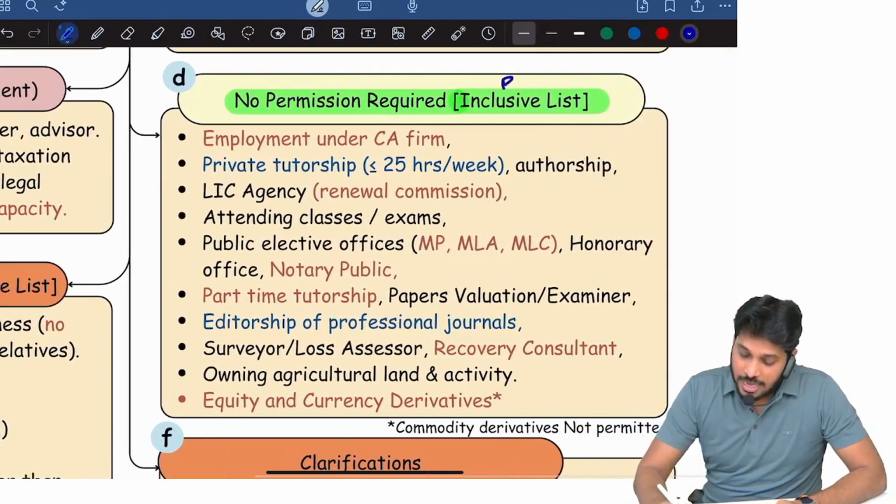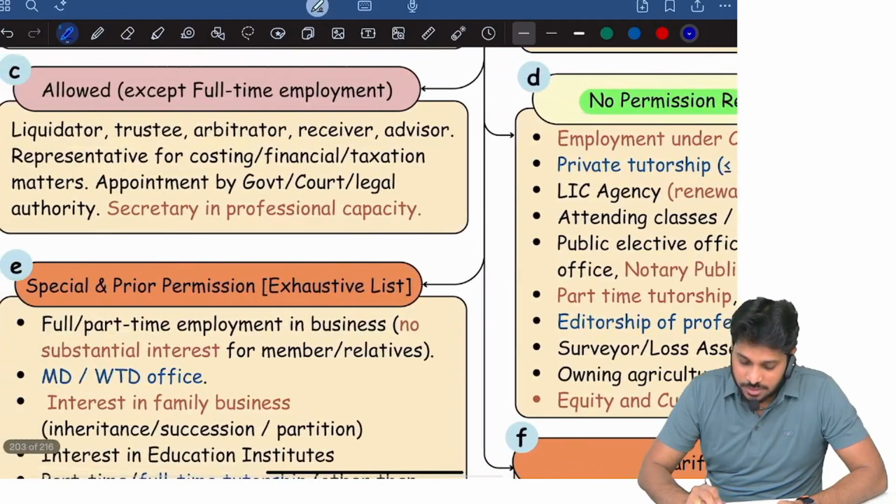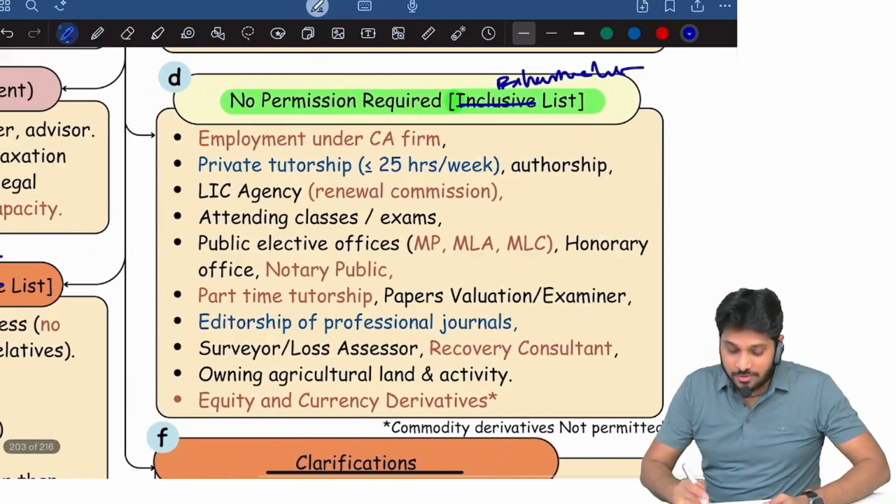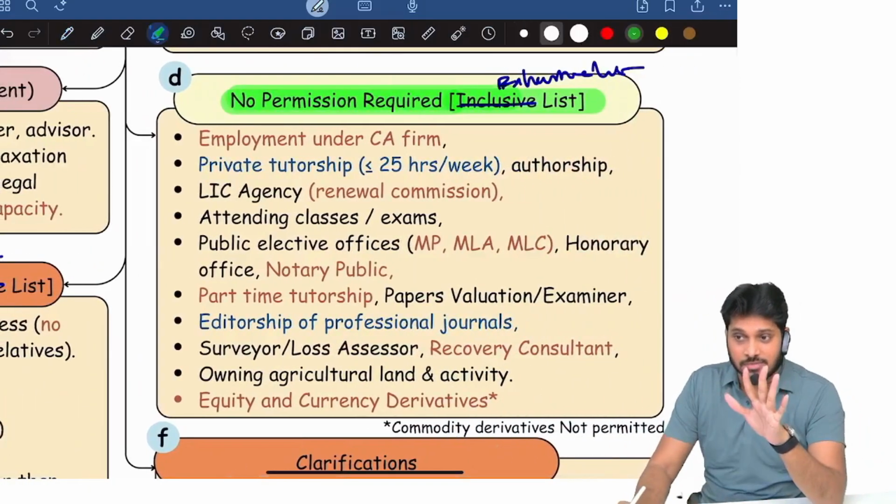No. This is actually an exhaustive list. Just a minute. This is an inclusive list. Yeah, that's actually correct. Wherever you don't require permission, that's an exhaustive list. So what are all the cases where you don't require permission?